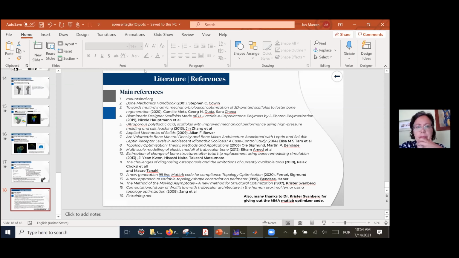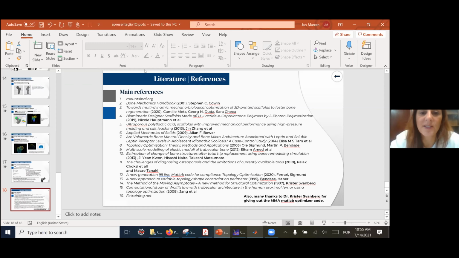And also with the ICBAS at the University of Porto, and with these two partners we do the in vitro and the in vivo tests. So in this work, in particular, Jan is doing the optimization of the femur, the femur of a sheep in this case.